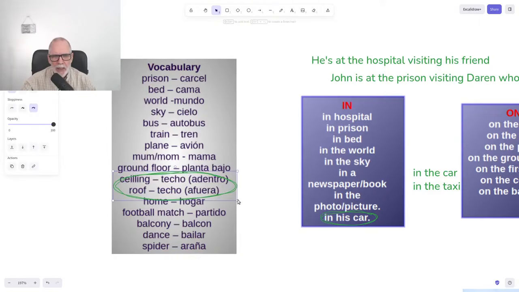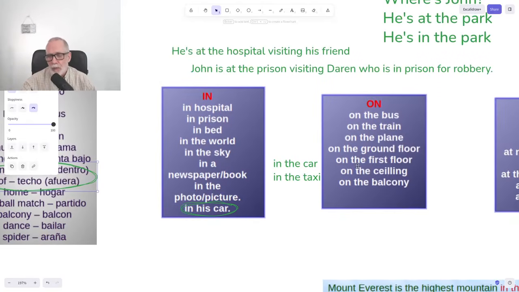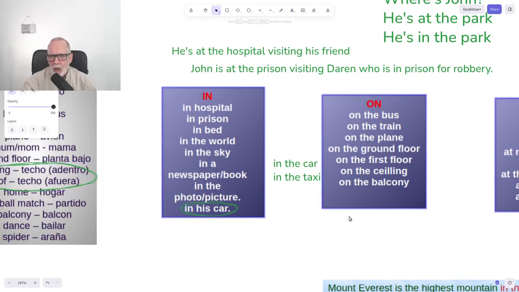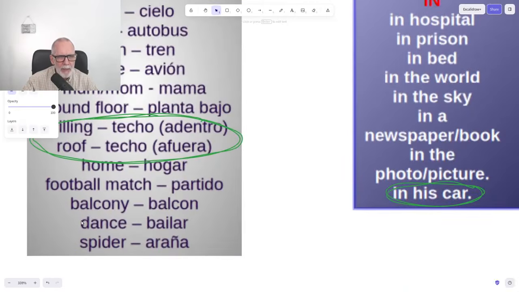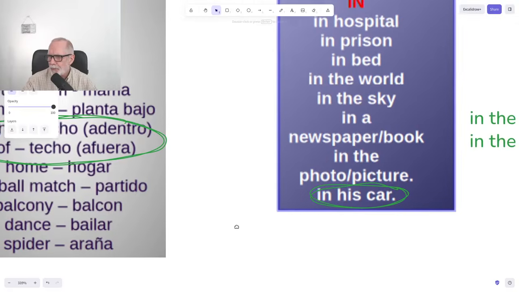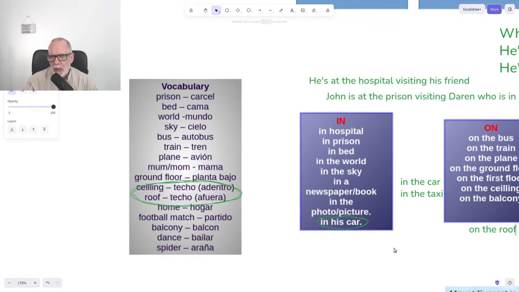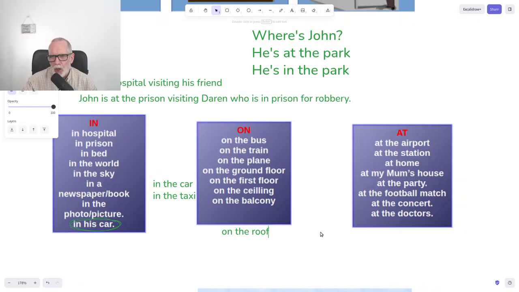Y roof es el techo afuera. Pero con las dos usamos on the ceiling or on the roof si está afuera. En español es lo mismo. On the balcony. Balcony es balcón. Aquí está. Balcony. Balcón. Good. So, otros ejemplos con on.